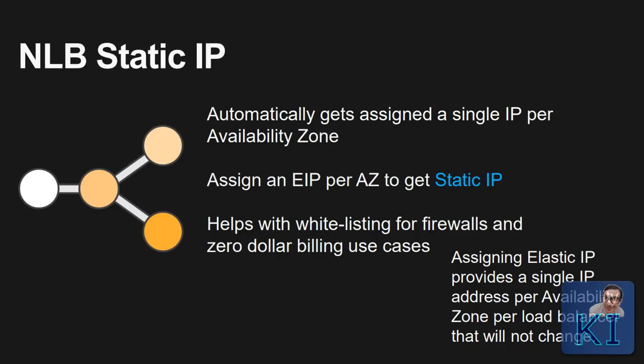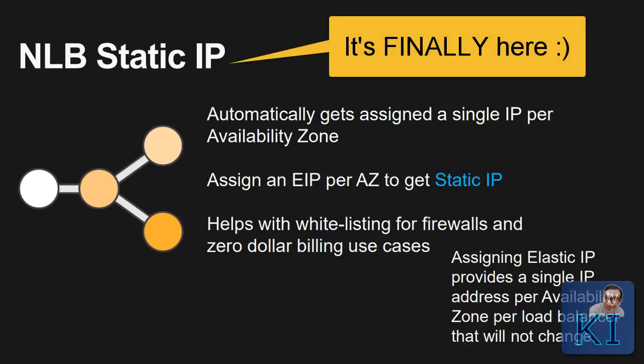The NLB has a static IP. We said that we'll talk about why it is useful. Many times you would have seen that in firewalls you only get support to specify IP addresses and not DNS or domain names, right?